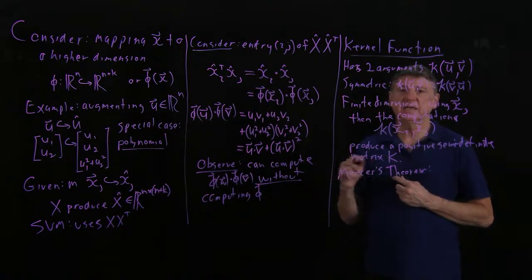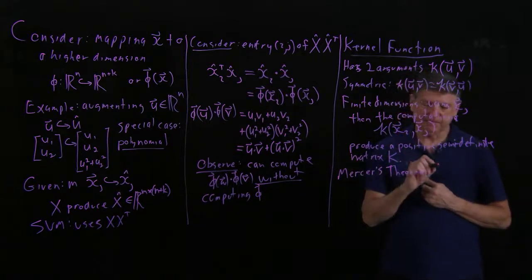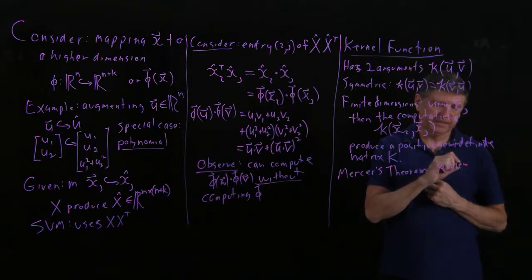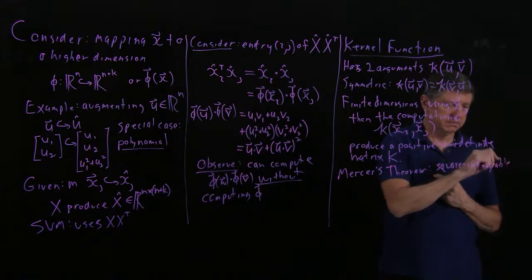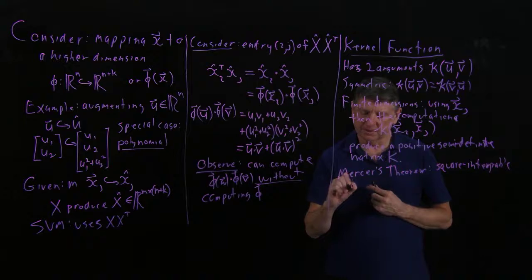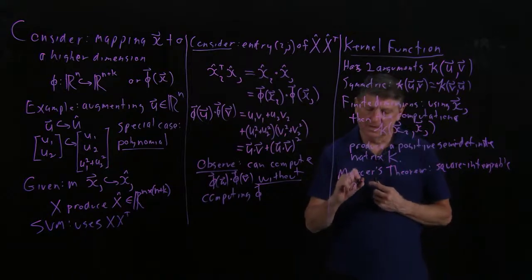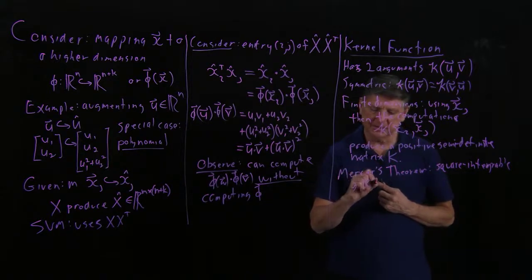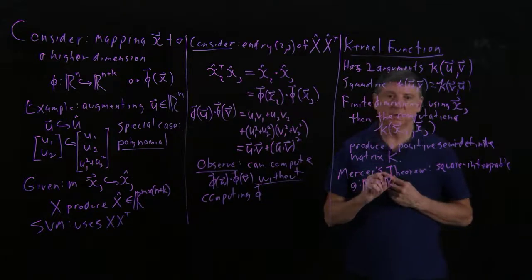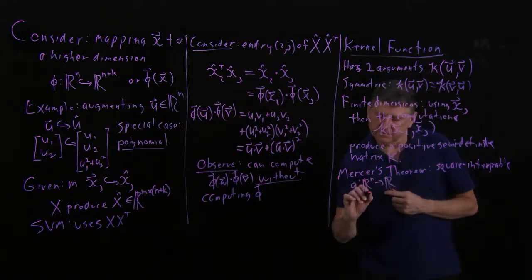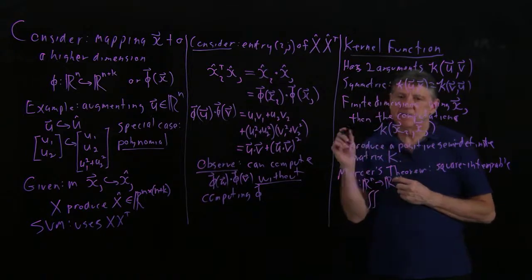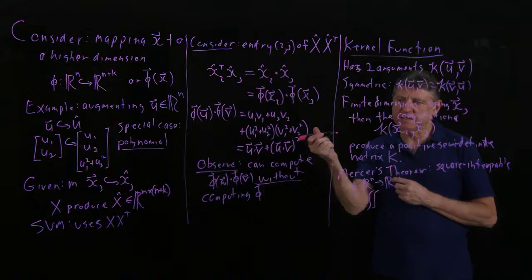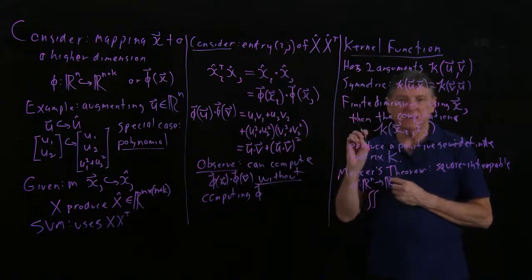And the extension is that if we have a square integrable function g that maps a vector to a real number, then the requirement of Mercer's theorem is the extension of this idea of taking a vector transpose times the matrix times the vector.